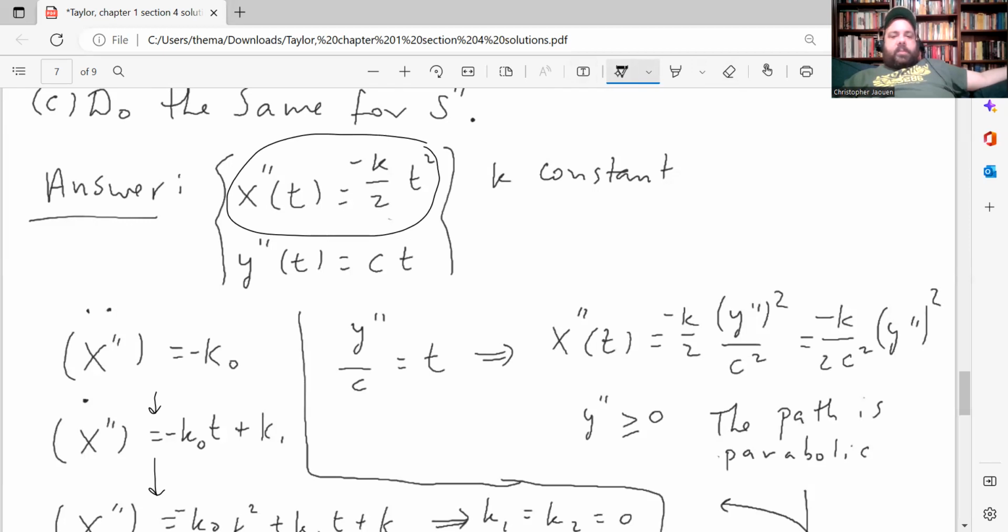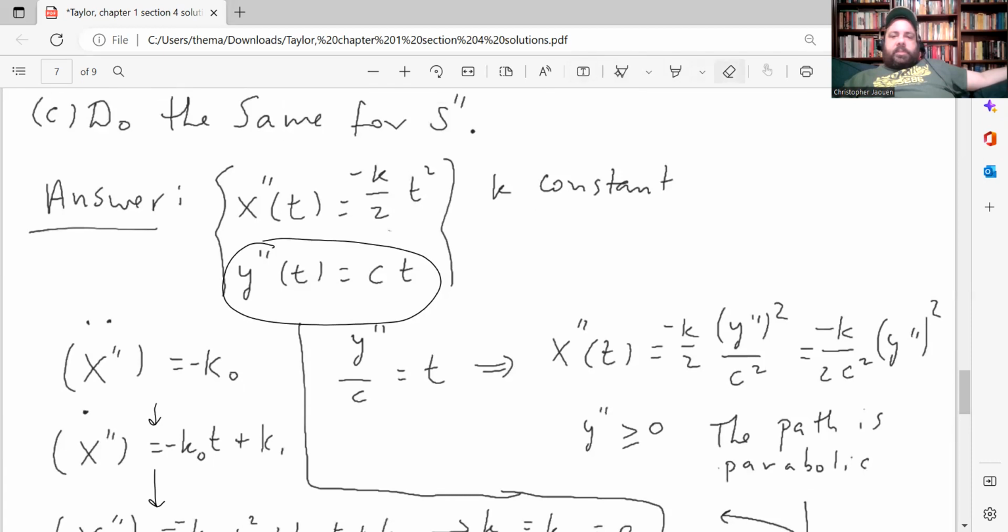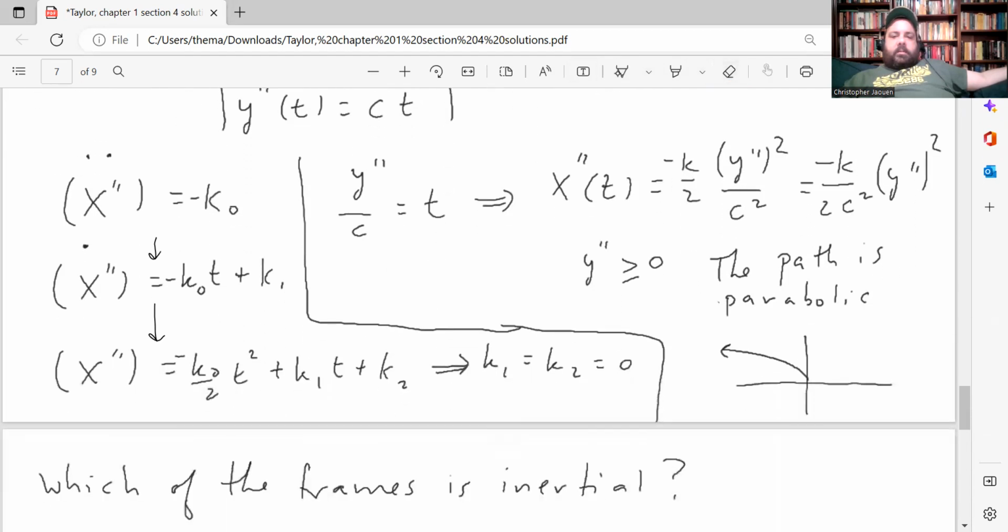Okay, and then if you want to eliminate the parameter to get the shape of the path, you can do that. For example, we can solve for t in the second equation because it's one-to-one, and substitute this in for t in the equation for x double prime.